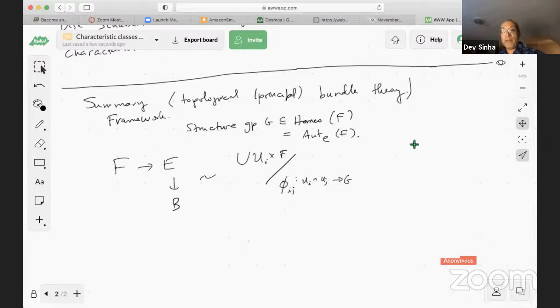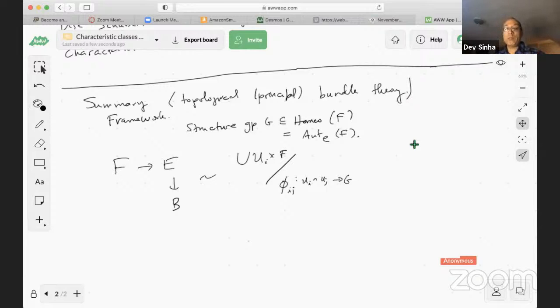So if F is R^n, yes, it's a topological space, but we can remember all the linear structure, in which case the automorphisms are no longer some infinite homeomorphism group or even an infinite diffeomorphism group. Another example is you can look at just all the smooth automorphisms.